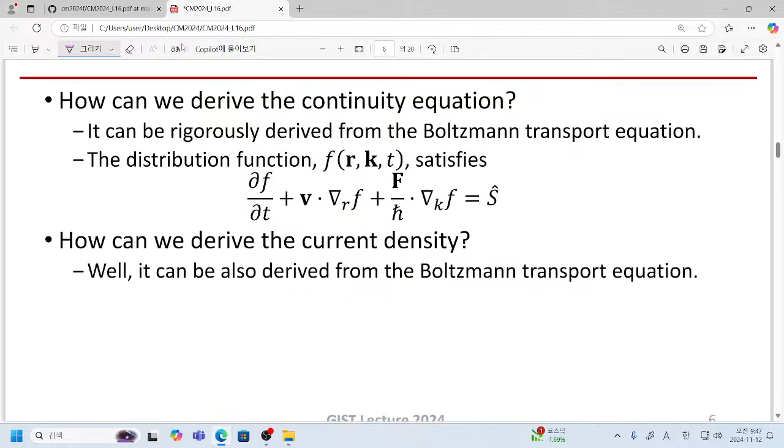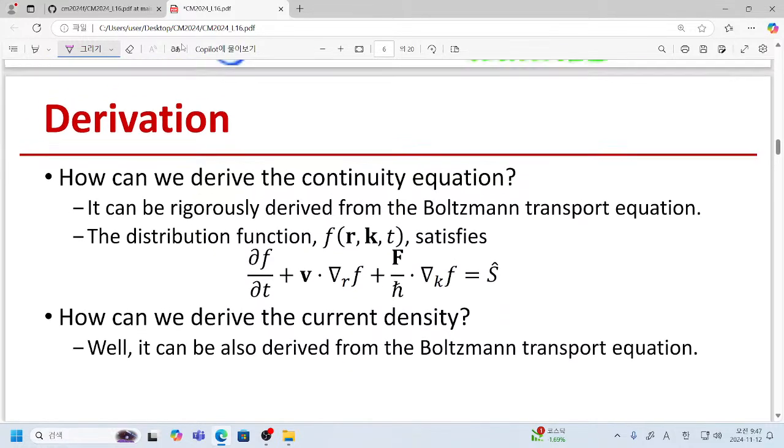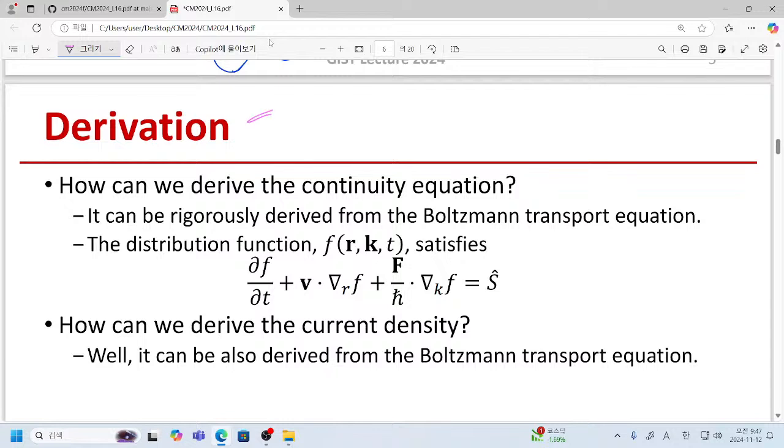Okay, then this slide, page number 6, is just to discuss the derivation. How can we justify the use of continuity?